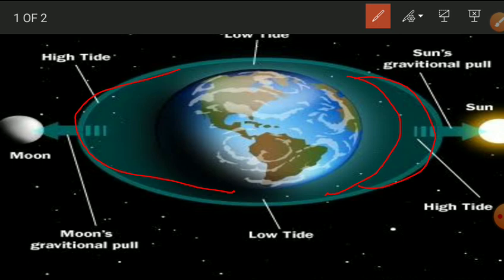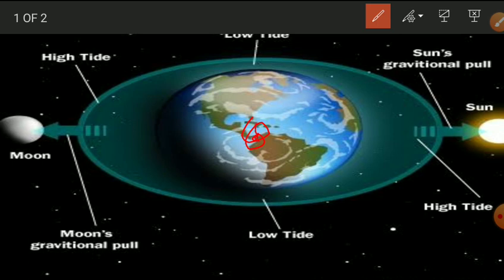Now the question comes, from where is this water actually coming? The entire water level was this, but during the high tide it has risen to this level. But why? From where has the water come? Actually the water has come from this side and the opposite side, which we cannot see as it is a 2D picture.